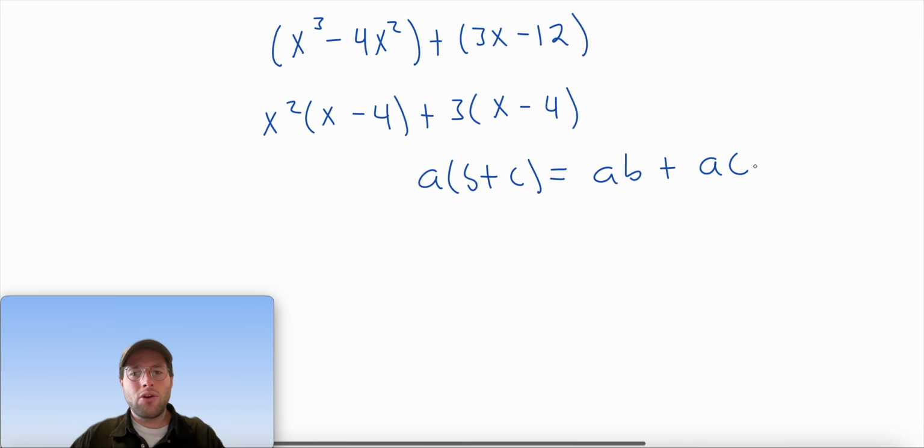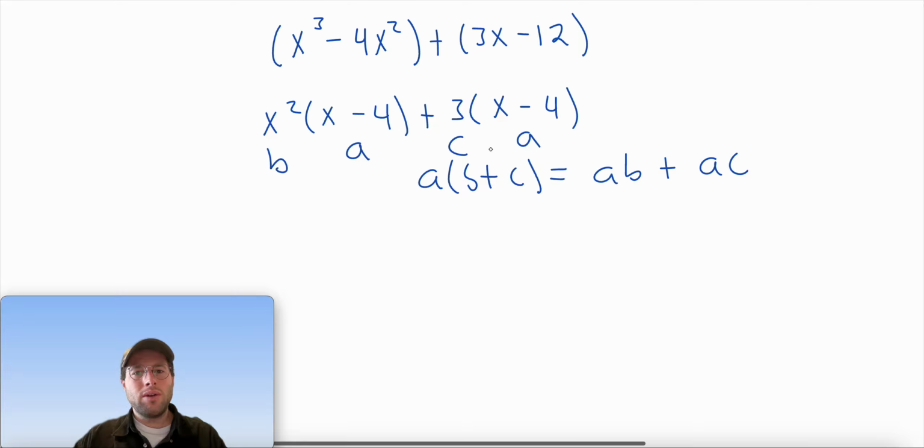And let's go ahead and notice here that if we look back up here, we can think of this x minus 4 as our a, which shows up here and here, and then this x squared as our b, and this 3, take that out, as our c.